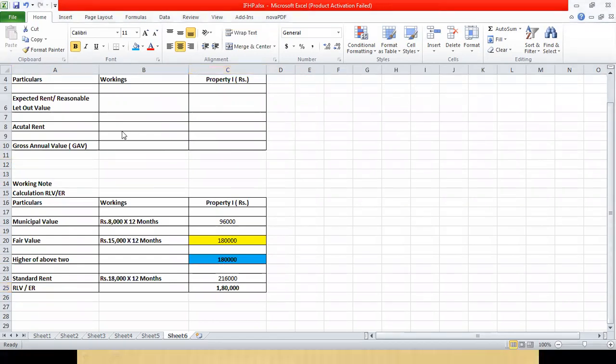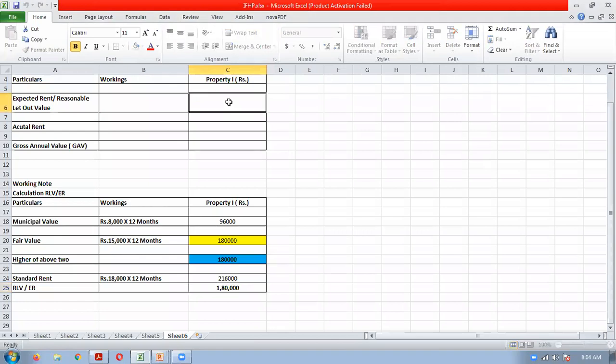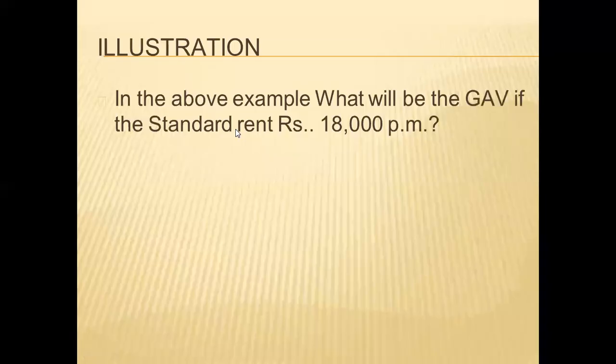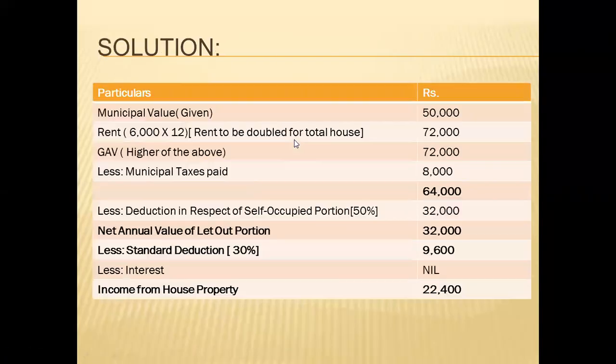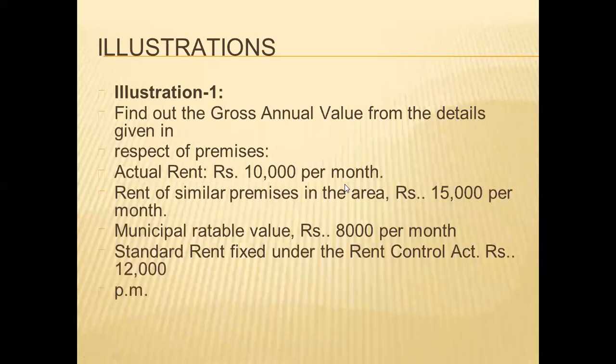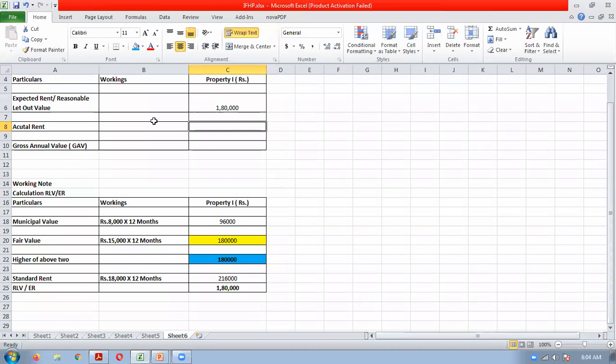Now we will take the RLV in our working. 1,80,000. Actual rent is how much? Sorry, actual rent is 10,000. So rupees 10,000 into 12, so it will be 1,20,000. Correct, no?